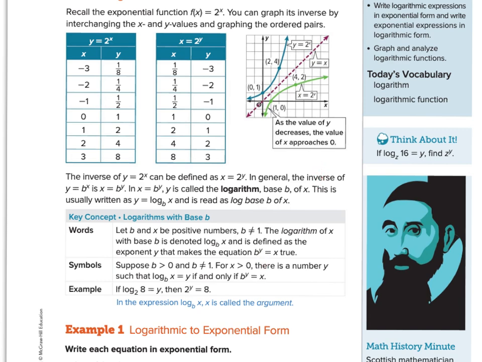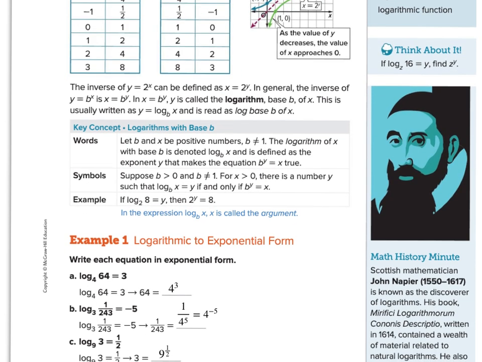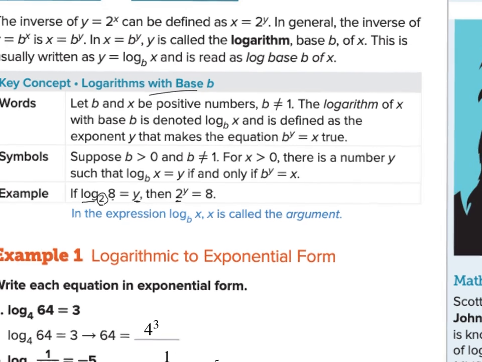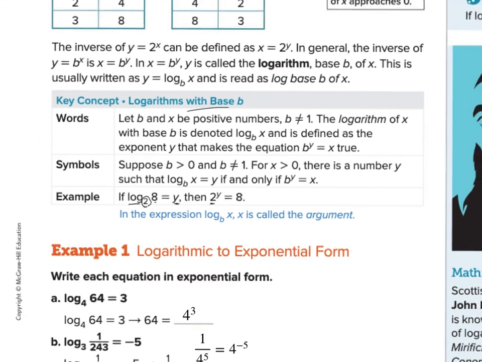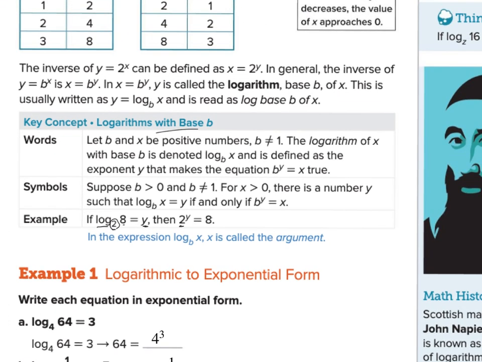So here, as we look at this concept, base b, if you see log base 2 of 8 equals y, then they're saying that, again, 2 is my base, the exponent is y. Remember I said your logarithm is equal to your exponent, and then equals 8. And we quickly learn what that means, just like when we did exponential equations a little bit ago.